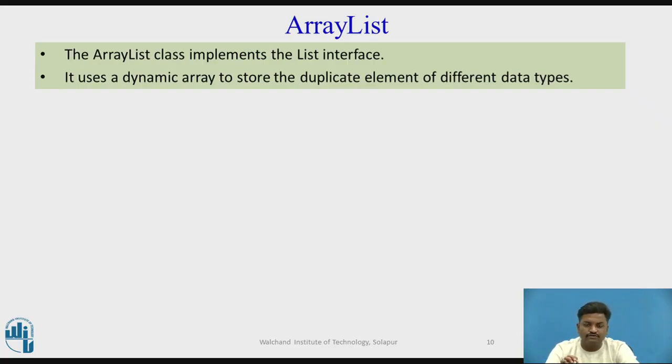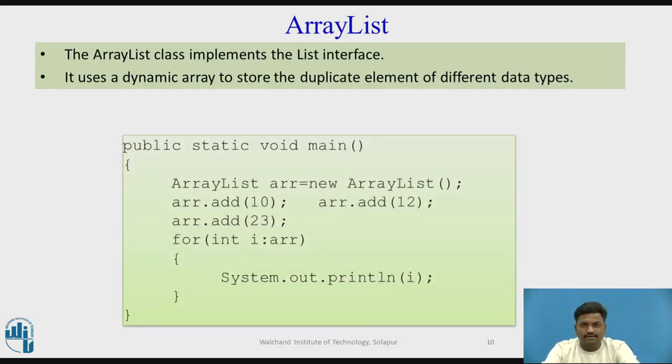ArrayList is one of the basic collection types and it is the easiest collection type to learn. It uses a dynamic array to store elements of different data types. As I said, in collections you can store various data types in a single collection, that is ArrayList.